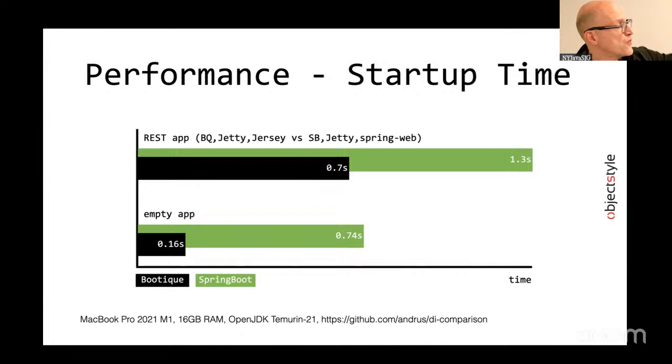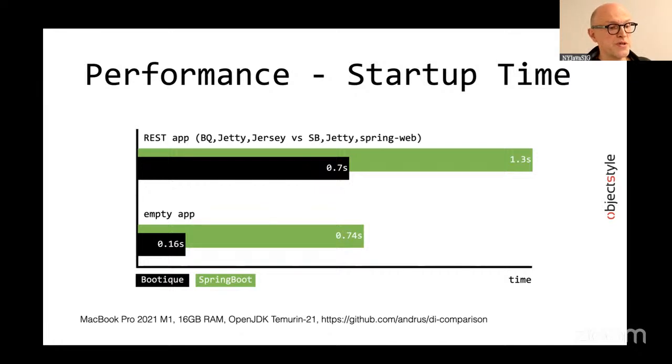For each one of the performance metrics, I'm comparing an empty app, which is not even hello world. It's just an app that starts and dies. And a second one is a very simple hello world REST app, also measured from 0 to startup, when it starts listening on the port. The black bars are Boutique, and the green bars are SpringBoot, and of course the smaller bars are better.